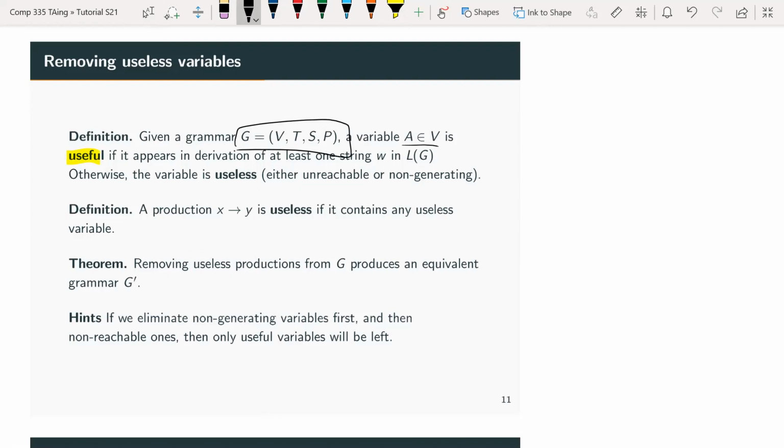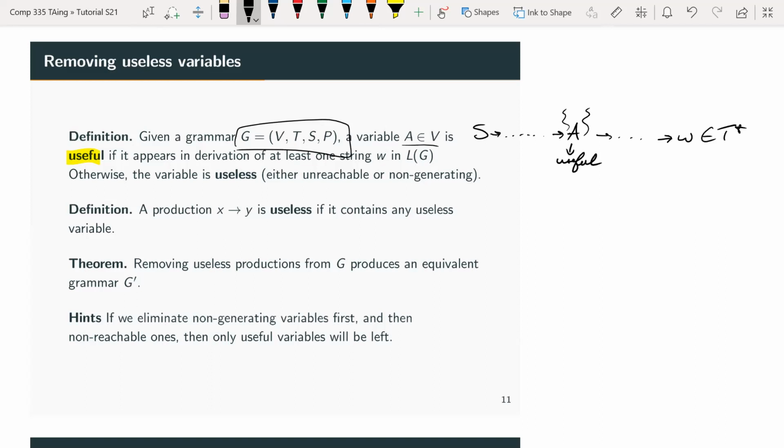That is, if at any point I can start with S, do some derivations, and then at some point I have an A. There could be strings here and strings here. But if I use a production rule from A, and this leads to a string w, which is just a string of terminals, then A is considered useful.